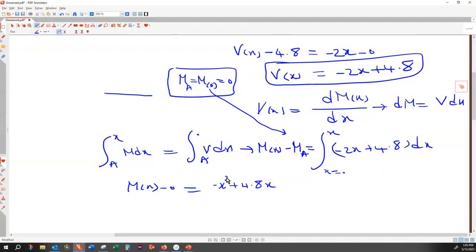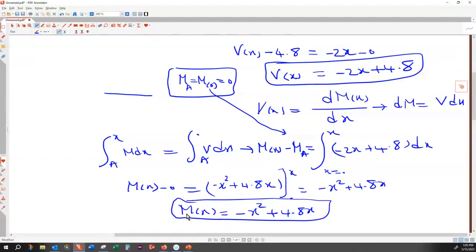So just take a derivative: that derivative is minus 2x, this derivative is 4.8. So the bounds of the integral between 0 to x give minus x squared plus 4.8x. So let's summarize this equation: M of x in the first zone becomes minus x squared plus 4.8x.